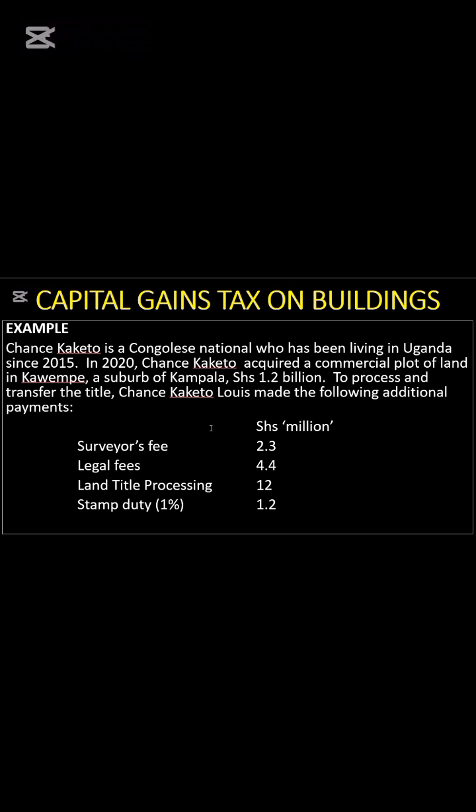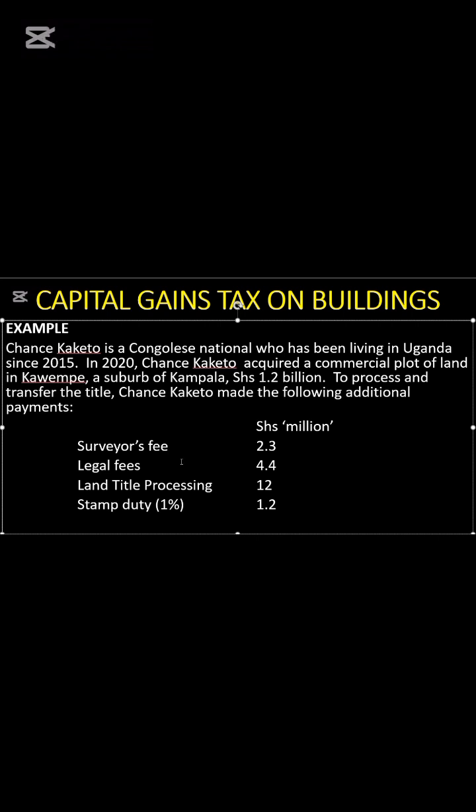Charles Kaketo is a Congolese national who has been living in Uganda since 2015. In 2020, Charles Kaketo acquired a commercial plot of land in Kawempe, a suburb of Kampala, at shillings 1.2 billion. To process and transfer the title, Charles Kaketo made the following additional costs.